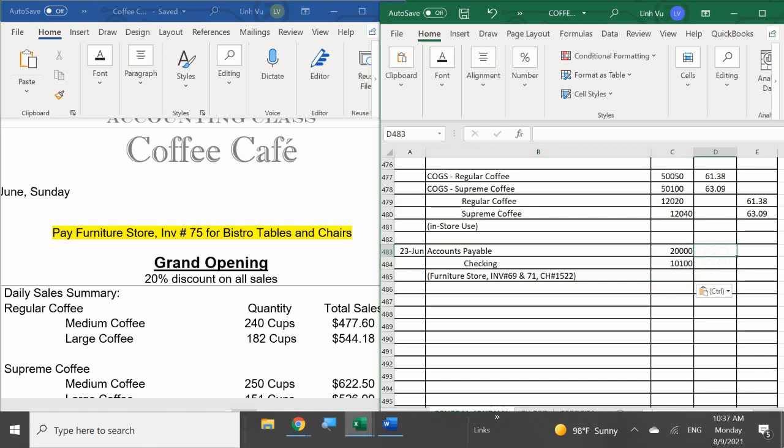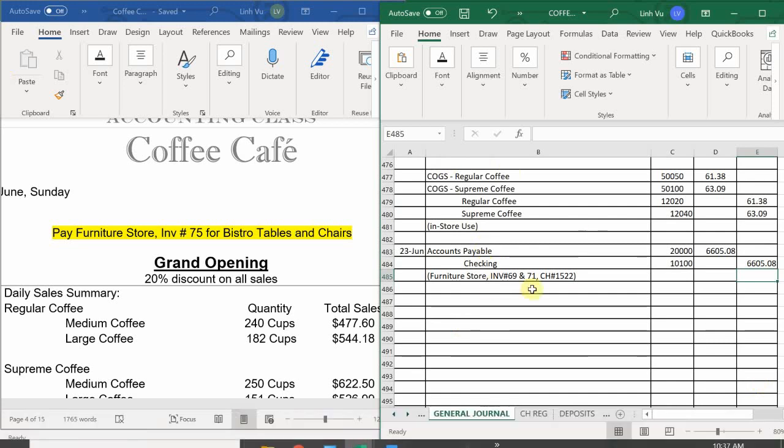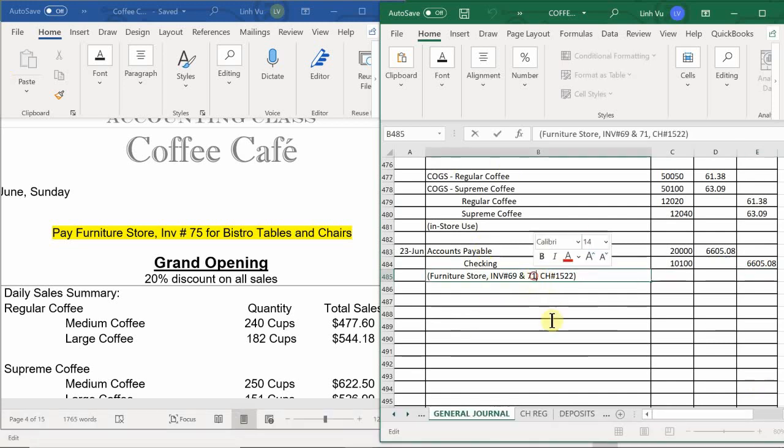This time it is for the 6,605.08. And I know it says furniture store invoice number 75.